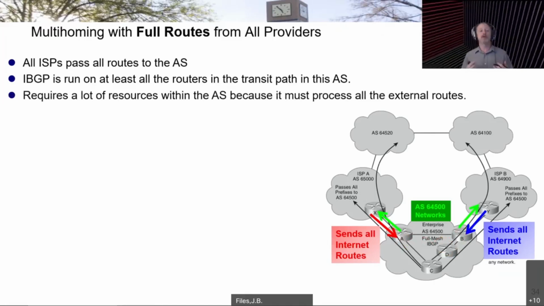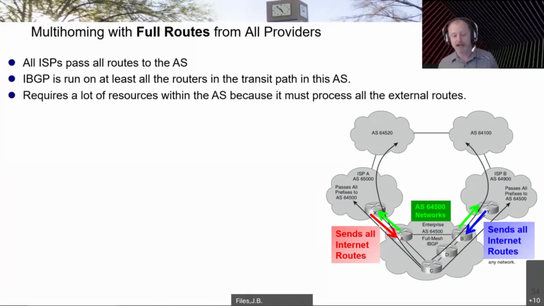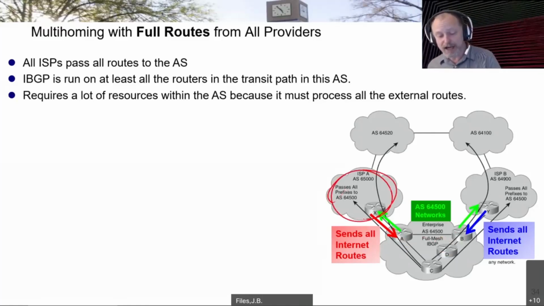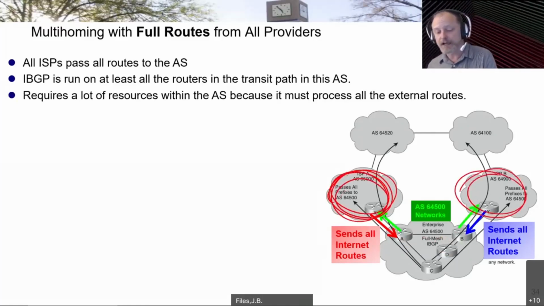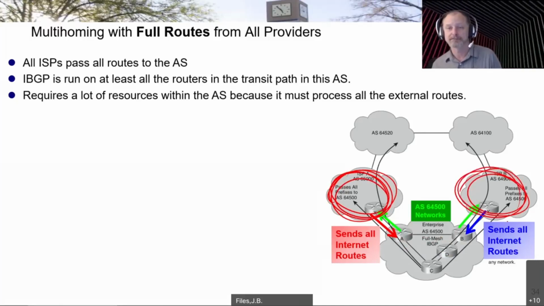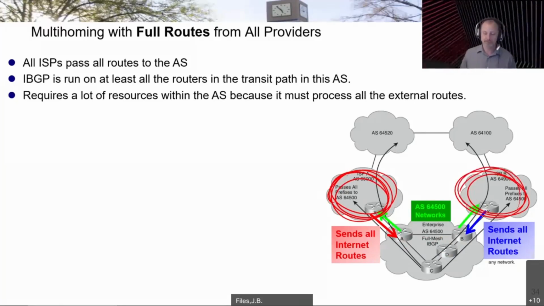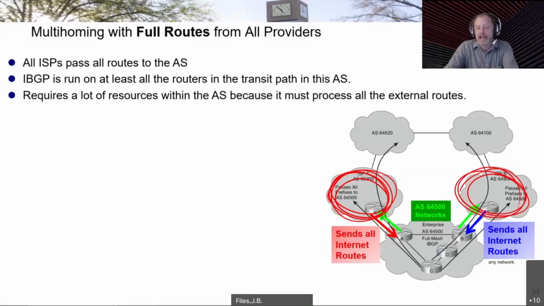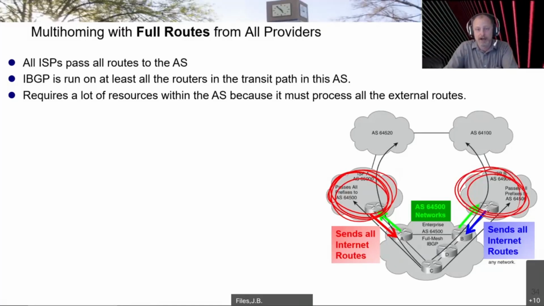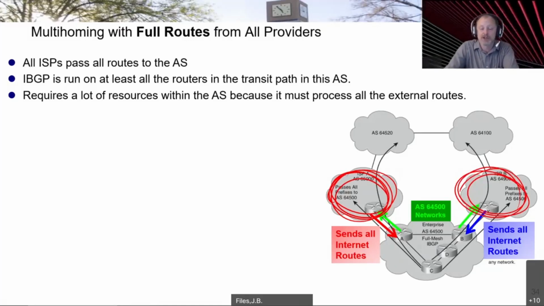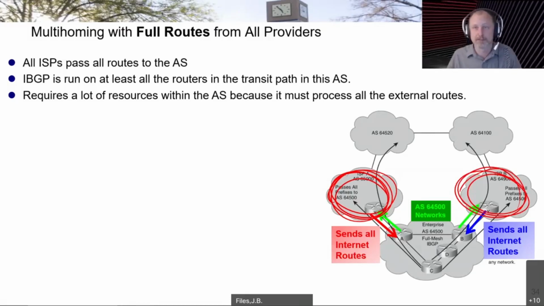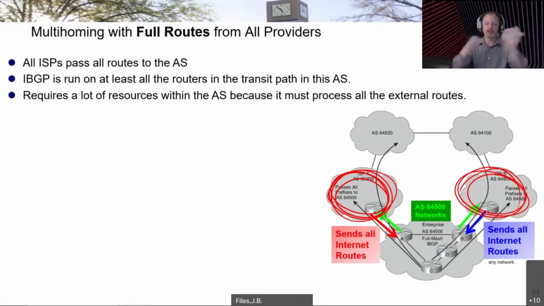This is going to require the most resources, okay, because our routers have to process the full internet routing table from this side, the full internet routing table from this side. And so, if the full internet routing table is 300 megs, 400 megs, whatever, we have to parse 2 full copies of that and then figure out which is the best route from each side.